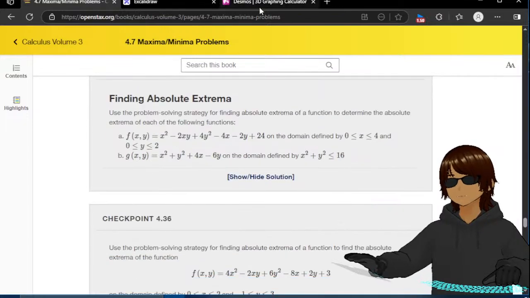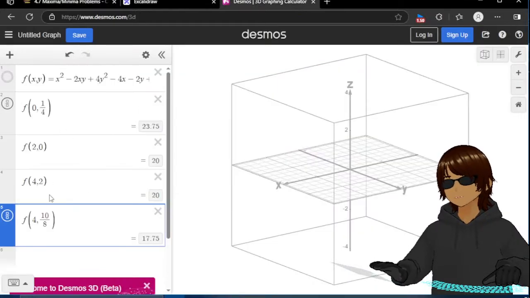So x is from 0 to 4. The lowest point is over here, 4 and 10 over 8.